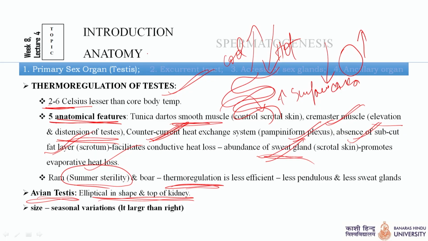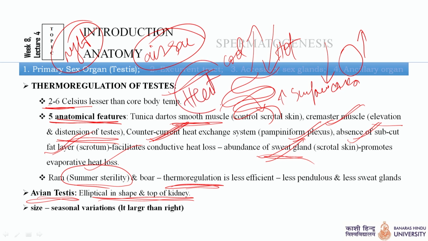One is that the testis is located adjacent to the air sac, so the heat load is transferred effectively. Second, spermatogenesis mostly takes place at night, the coolest part of the day. And third, the spermatozoa of avians are heat resistant. By this way, spermatozoa are produced in birds.